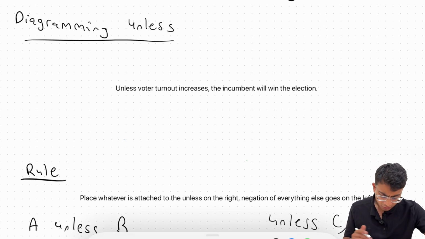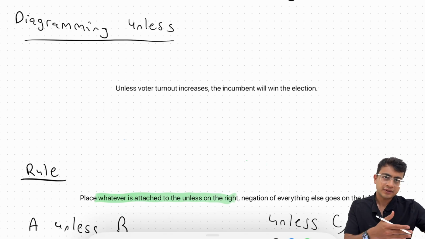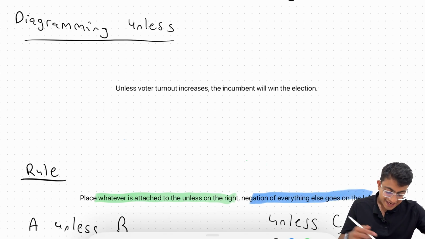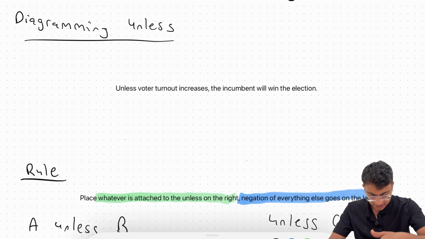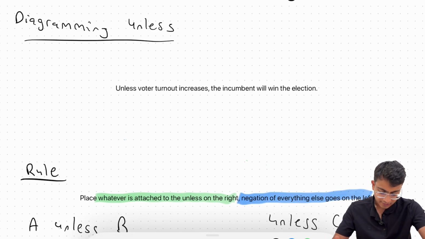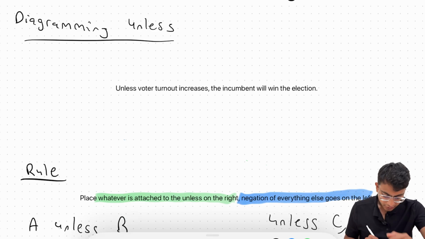And the rule of diagramming is as follows. Whatever is attached to the unless will go on the right of the diagram, and the negation of everything else will go on the left. So for example, let's take this statement: unless voter turnout increases, the incumbent will win the election.